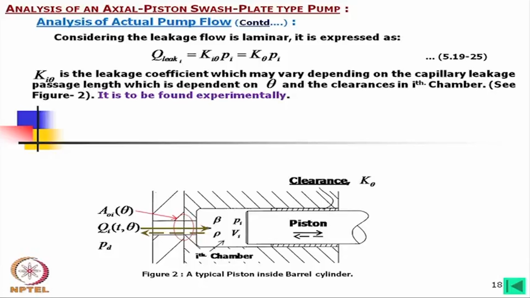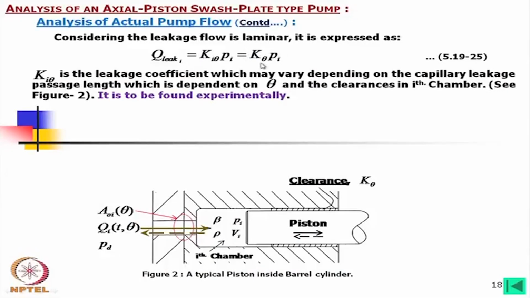Now, for a pump we may consider all chambers and pistons to have equal clearance, but actually it is also varying. So, I would say for each and every chamber, k i theta will be different for different theta angles.